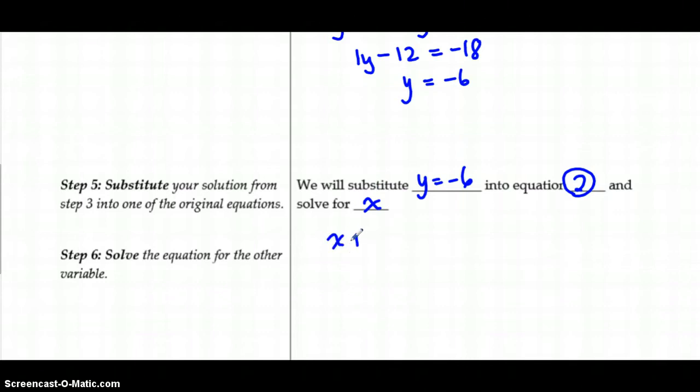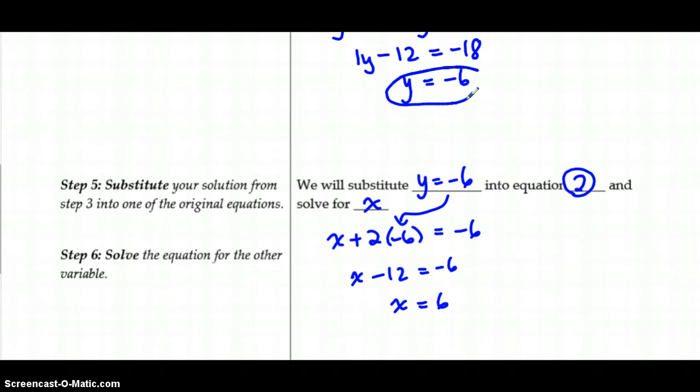So x plus 2y equals negative 6. I'm going to substitute my y value into that equation. X minus 12 equals negative 6. And then to solve for x, you add the 12 on both sides, and you get positive 6. So my two key pieces, y is negative 6, x is 6.